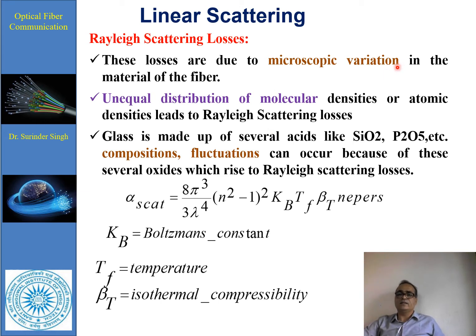This results in attenuation of the transmitted light, as it may transfer to a leaky mode or a radiation mode, which does not continue to propagate in the fiber core but may be radiated out of the fiber. That possibility is also there. There is no change in frequency during this scattering. This occurs basically due to microscopic variation in the material of the fiber.